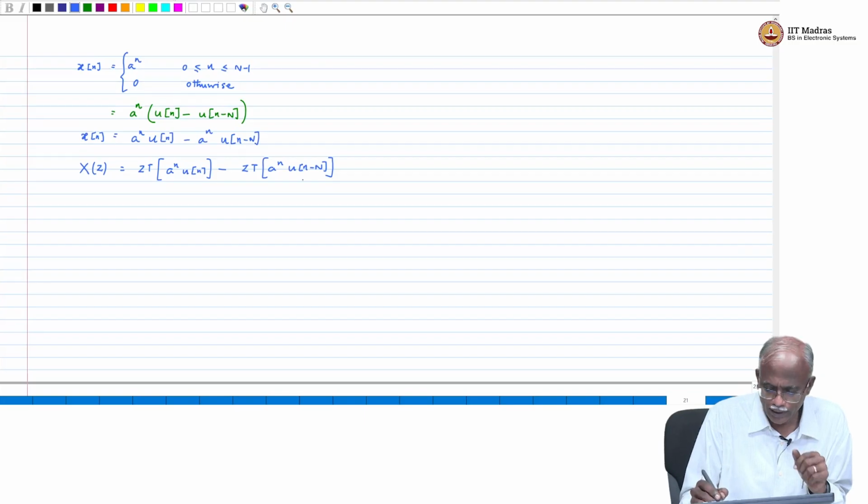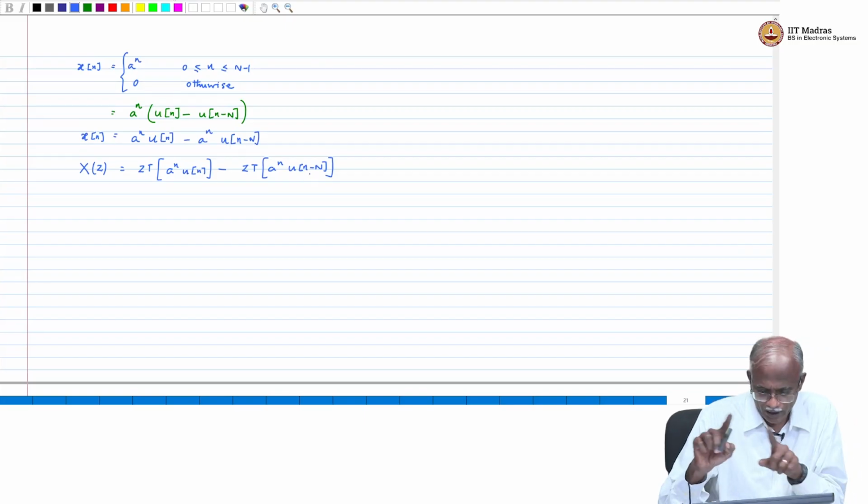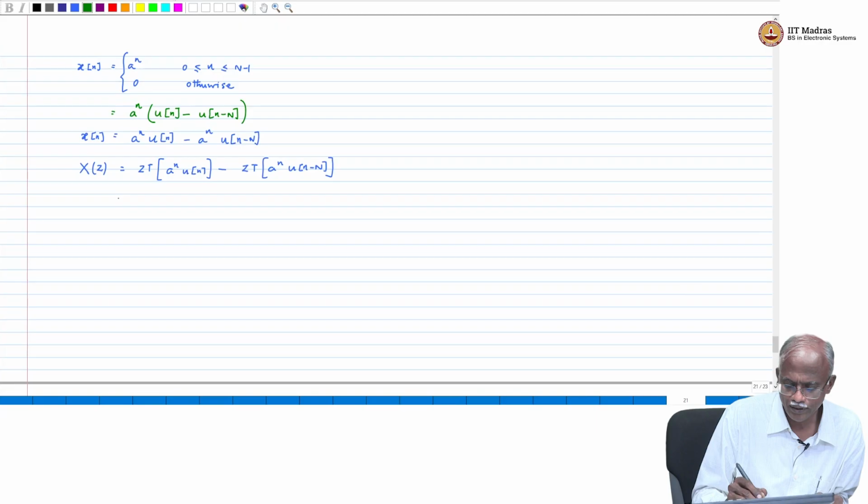In order to compute the Z transform, the first transform is straightforward: 1 over 1 minus a z inverse, mod z greater than a.